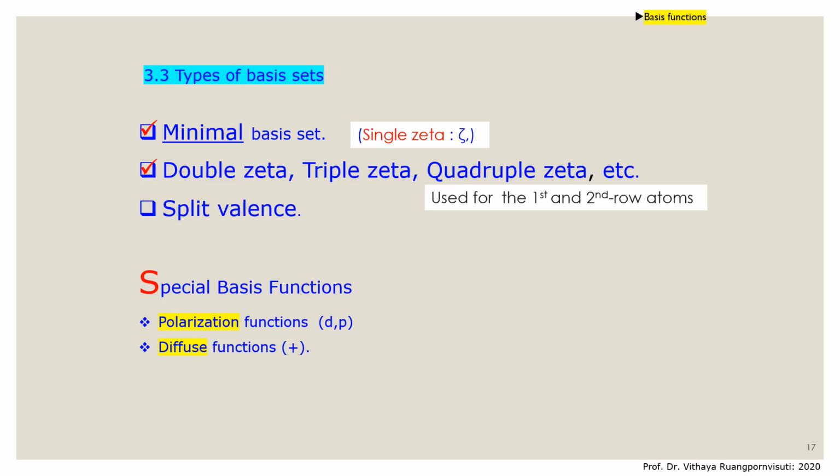This basis is used for the first and second row atoms in the periodic table. The third is split valence, and there are two special basis functions: one is the polarization functions, denoted as d, p, and the other is the diffuse functions, denoted by a plus sign.